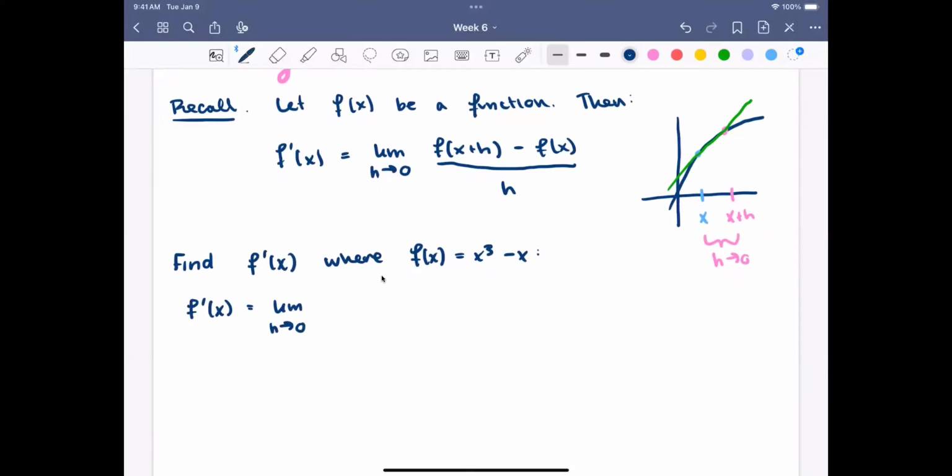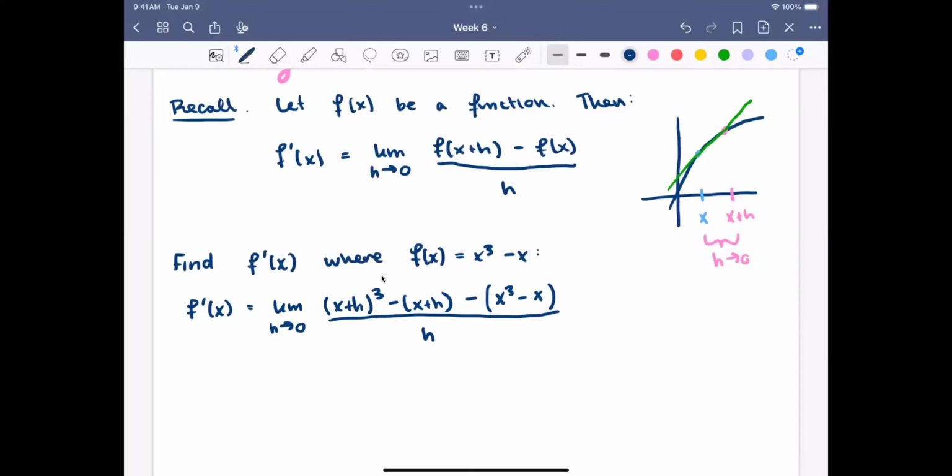I'm just going to plug in everything to f of x. First we have f of x plus h, so I have x plus h cubed minus x plus h. And then we're subtracting off f of x, which will just be x cubed minus x. And then that's all over h.